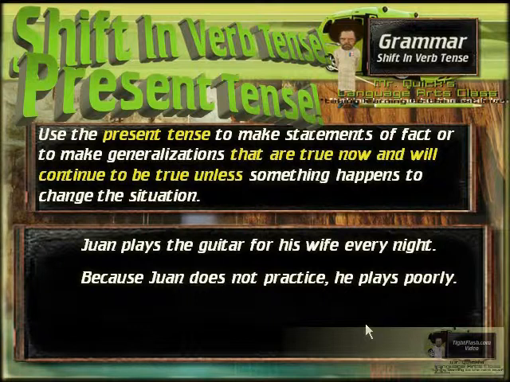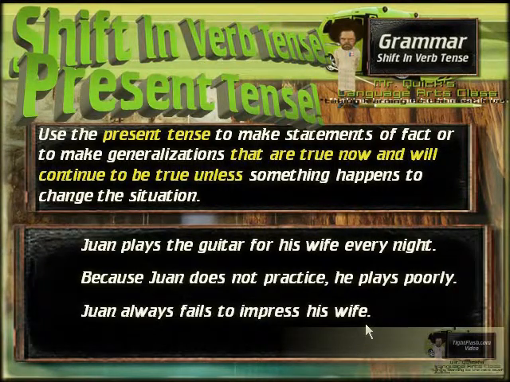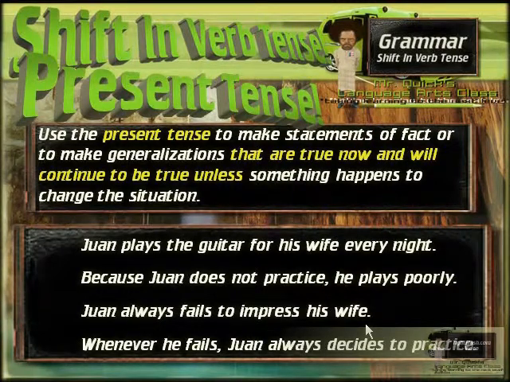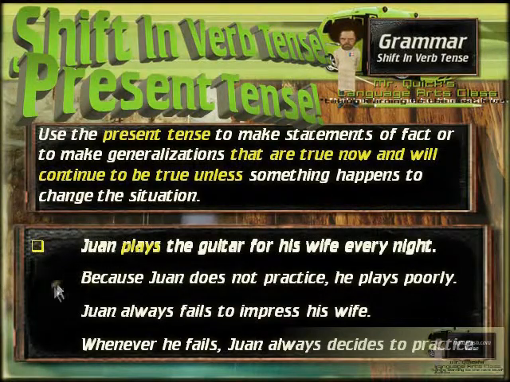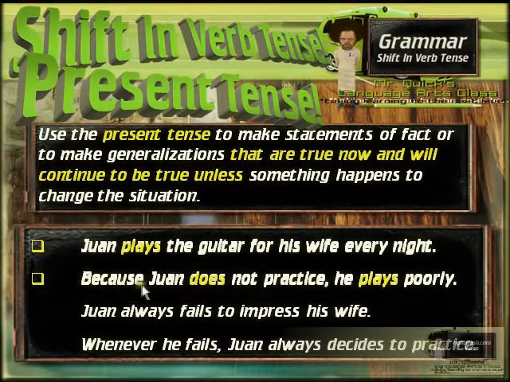There's nothing indicating that the tense should change here at all. Juan always fails to impress his wife. Whenever he fails, Juan always decides to practice. So here we have chronological events just like the previous, but this time we're dealing with present tense, and we see how all of the present tense verbs fit here beautifully. "Plays" is where it should be, because Juan does and plays is good.